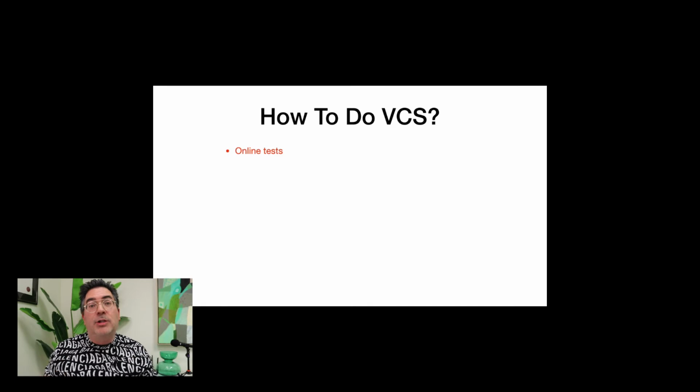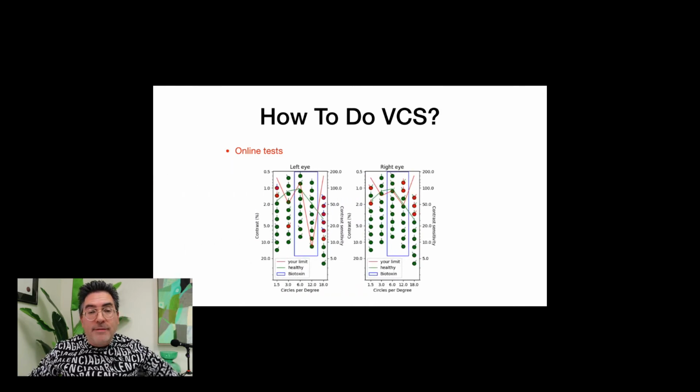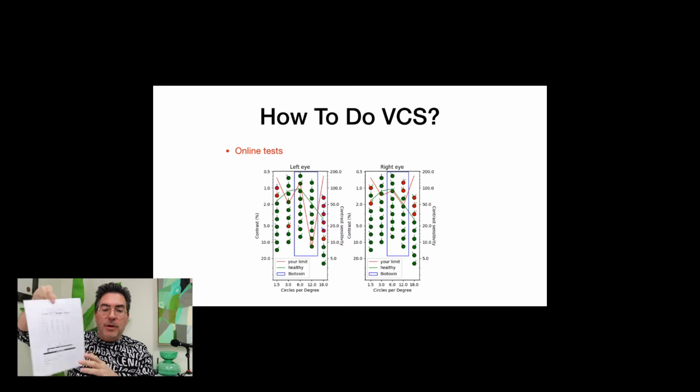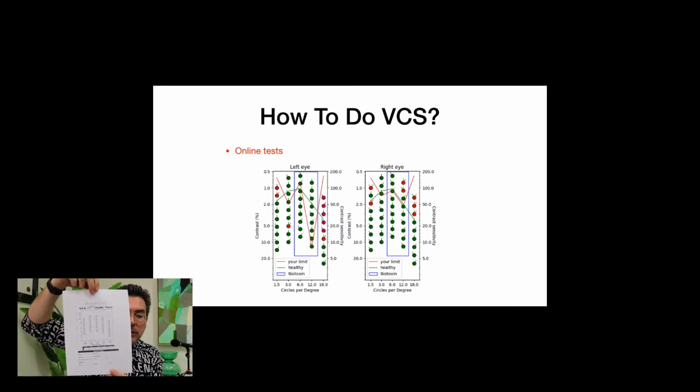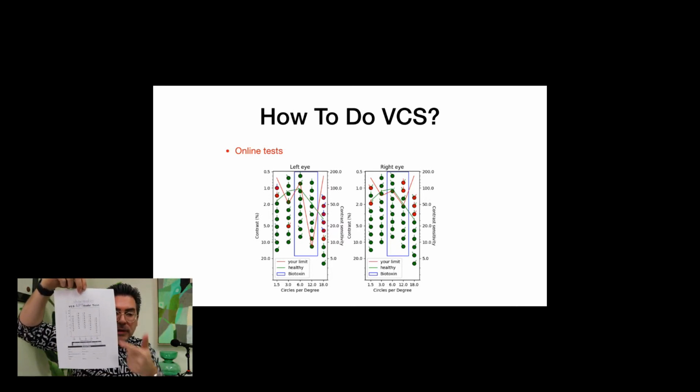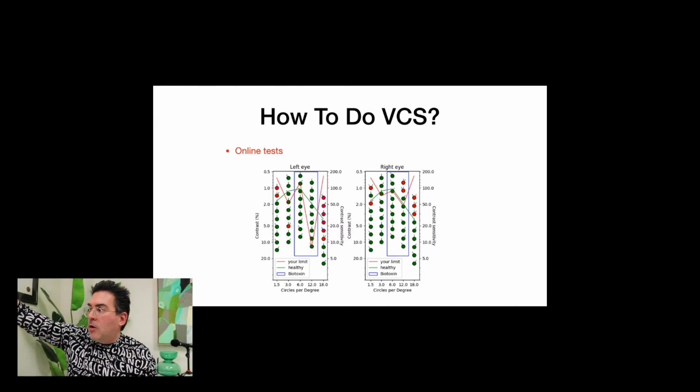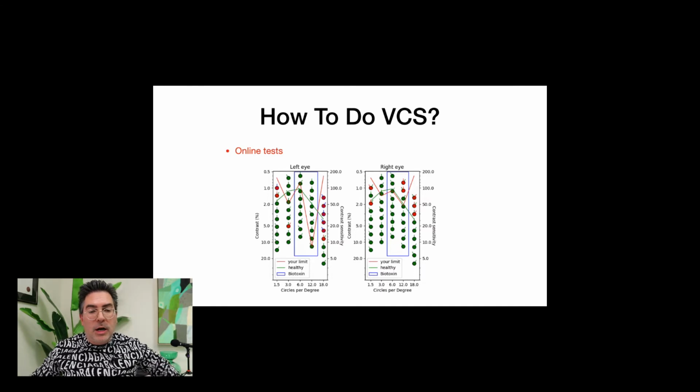But how do you actually go about doing VCS testing? Well, there are a range of different service providers that can do this online for you. Visual contrast sensitivity tests usually are presented in a graphical format. In a few minutes, I'm going to go through Dr. Shoemaker's manual method. However, there's a whole range of different online tests that you can do. We have our own, and these are the types of graphs that are produced.